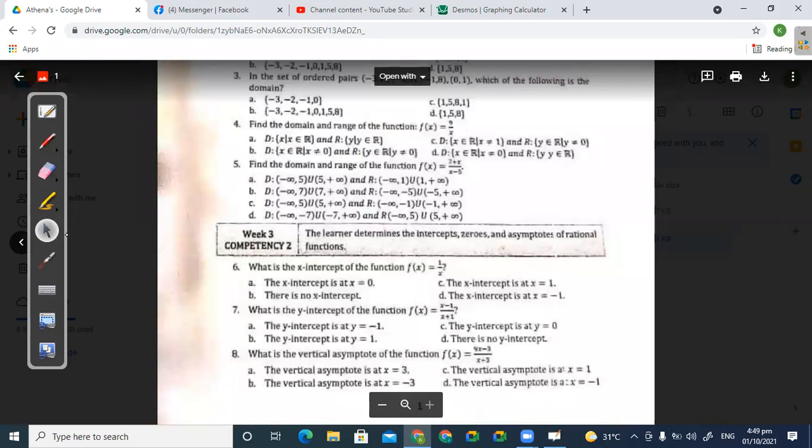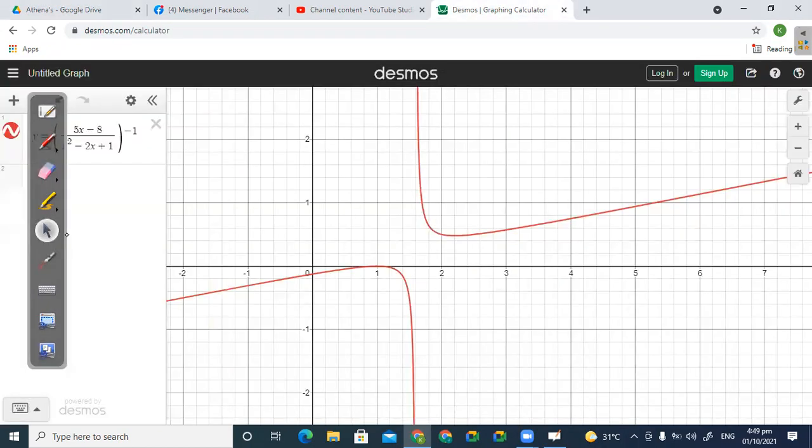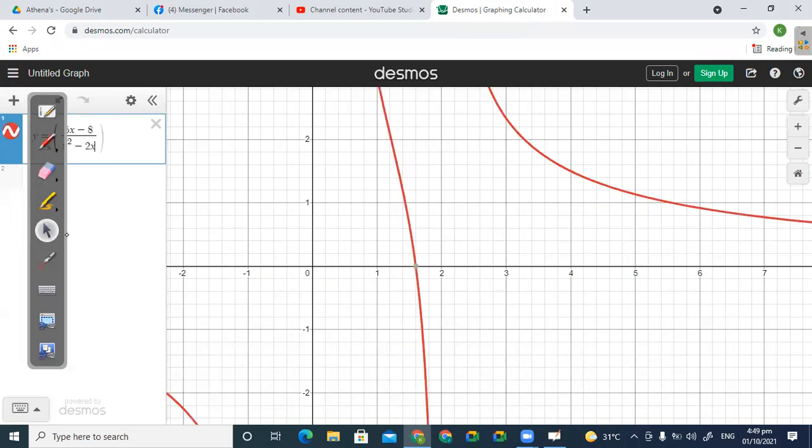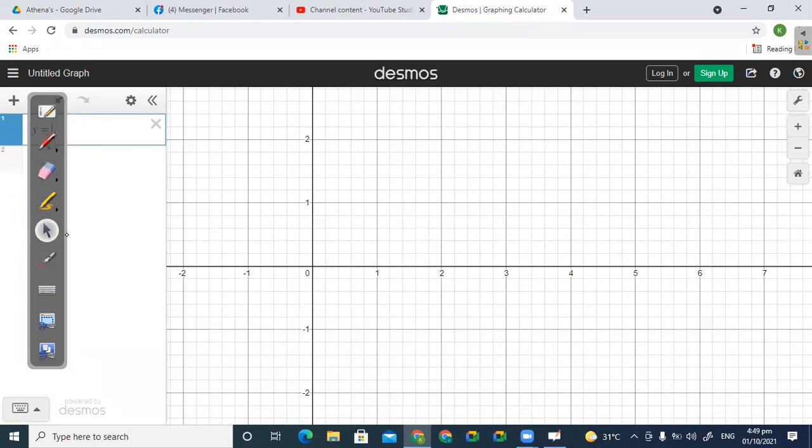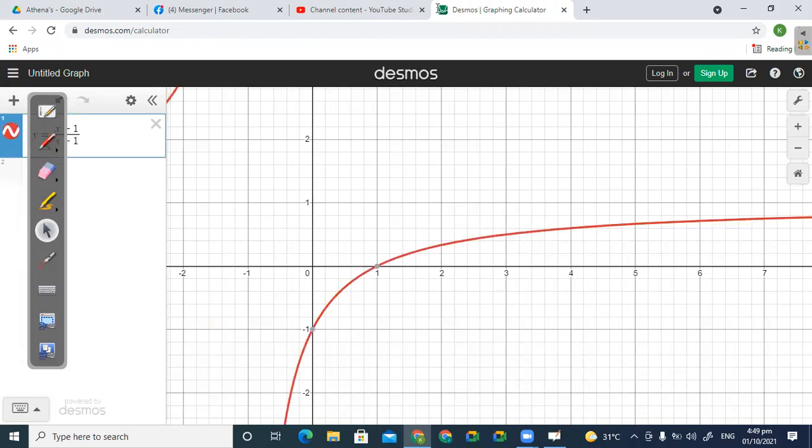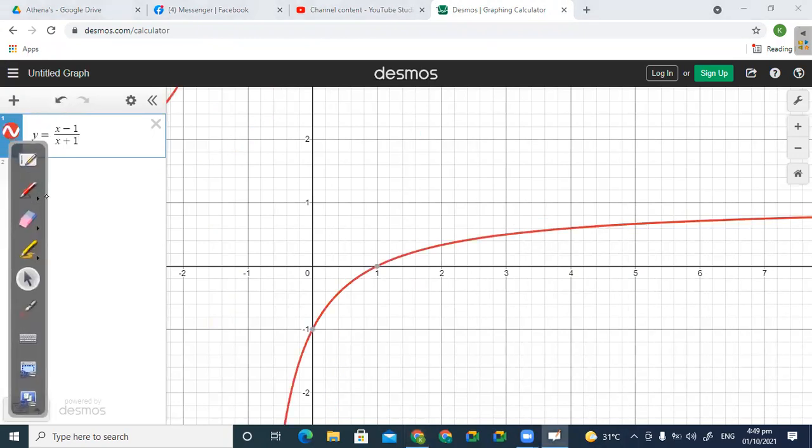Try natin pareho. Number 7, x minus 1 over x plus 1.